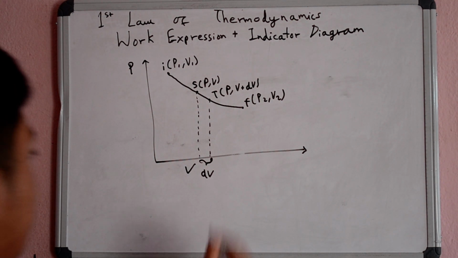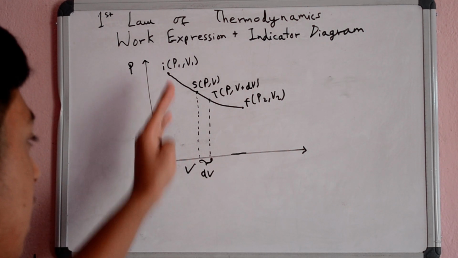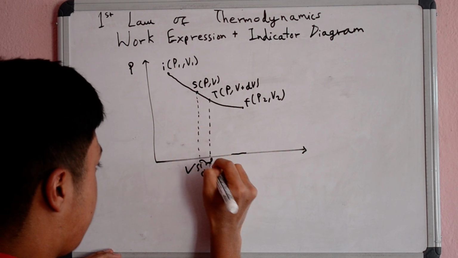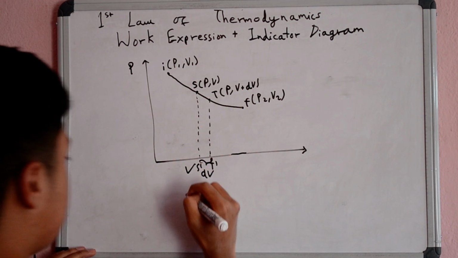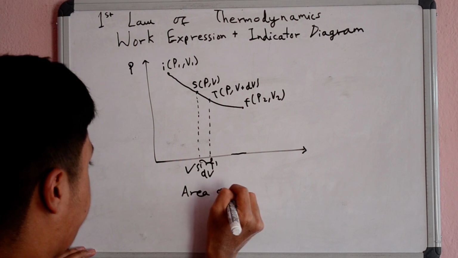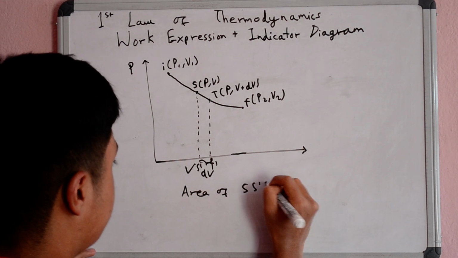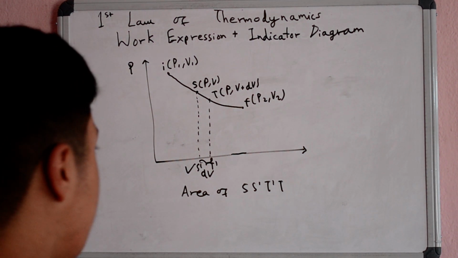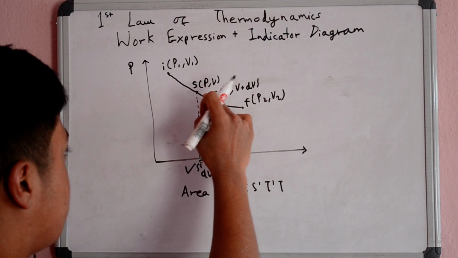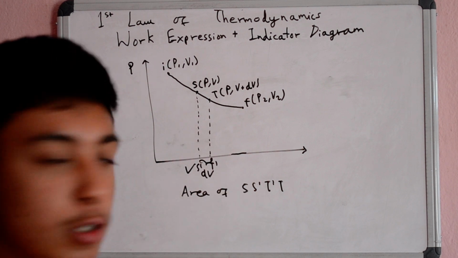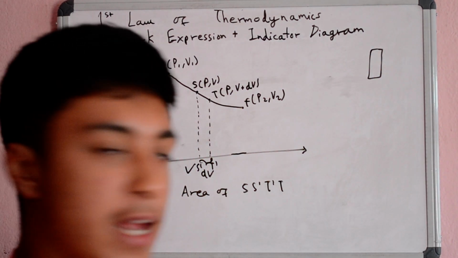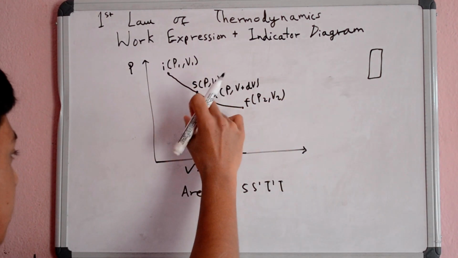Now let's say this is S dash and T dash. So what is the area of S dash T dash T S? Here, if this pressure is almost the same and this is a small increase in volume, it is almost like a rectangle, very close to a rectangle, so we can assume that this is a rectangle.